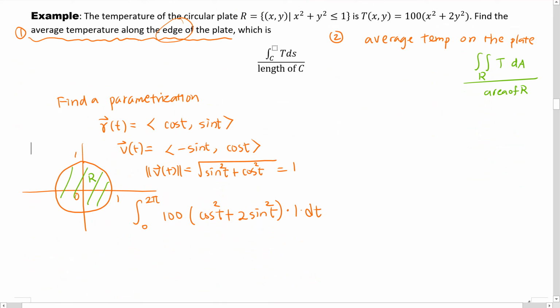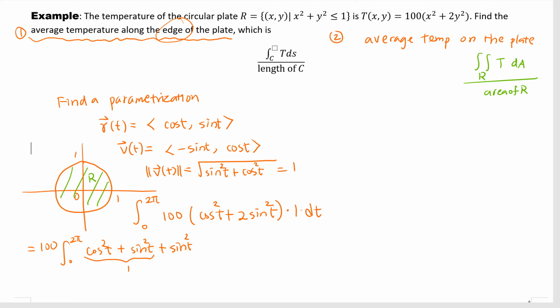So let's continue. How do we calculate this? Well, here I can simplify it a little bit by realizing we can move the 100 outside of the integral. And then we have cosine squared, but can you see I can split 2 sine squared as sine squared plus sine squared? But then cosine squared plus sine squared is just 1.